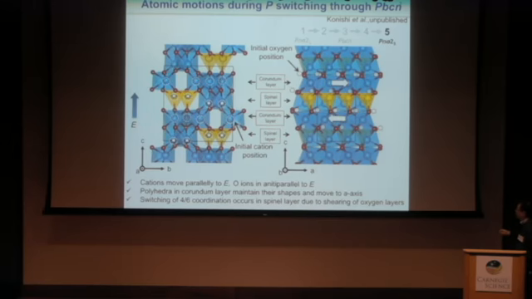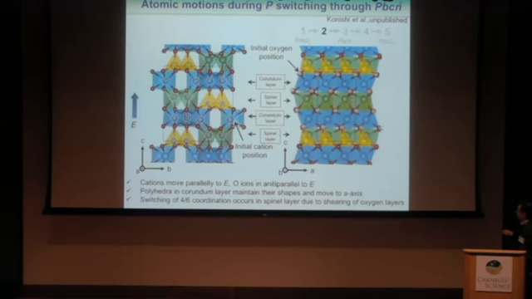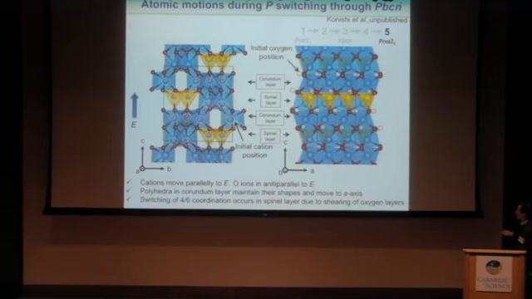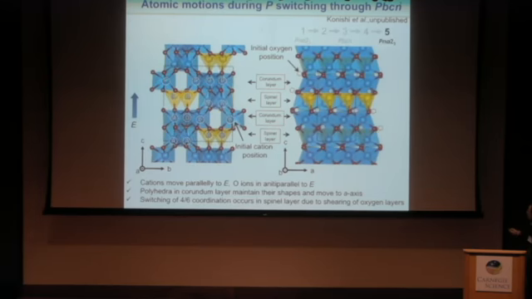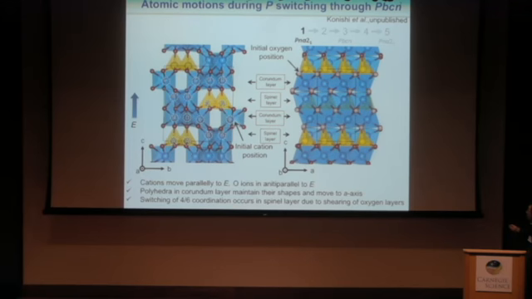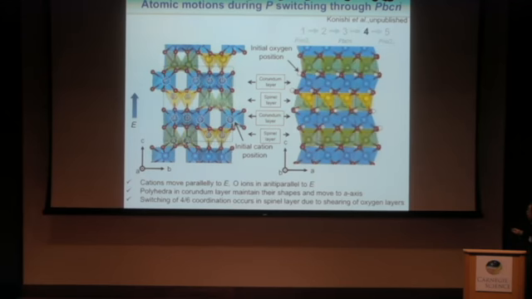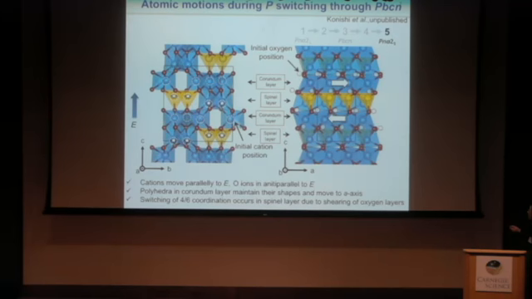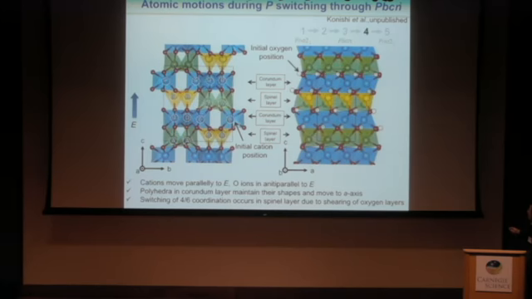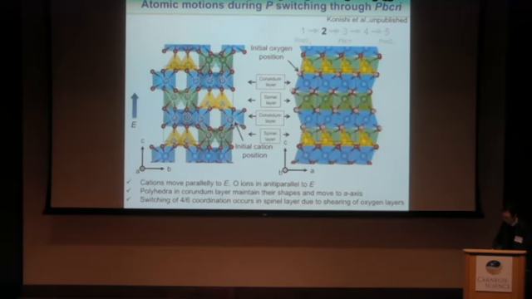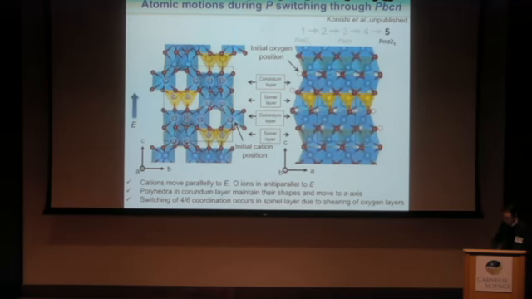If we look along the B-axis, it is very easy to understand the mechanism. When the electric field is applied, the corundum layer doesn't change its shape, but the layers shift relative to each other like this. After the shearing, the spinel layer changes its coordination from tetrahedra to octahedra, or from octahedra to tetrahedra.